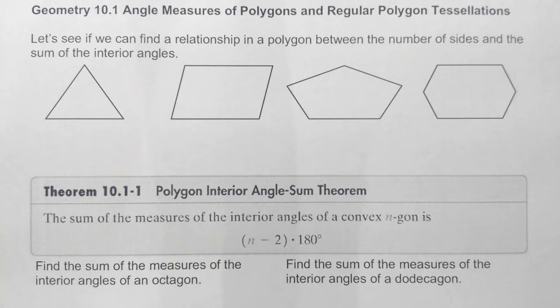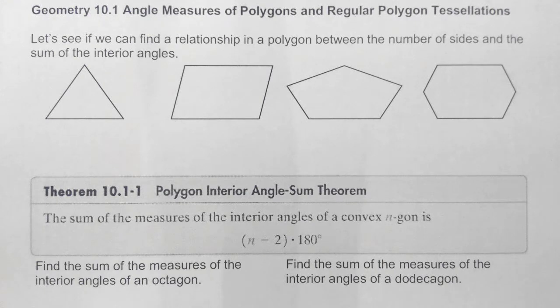You'll see a lot of this chapter at home. Hopefully we'll be back and you can finish it up and take the test at school. So anyway, today's section is about the angle measures of polygons and regular polygon tessellation.